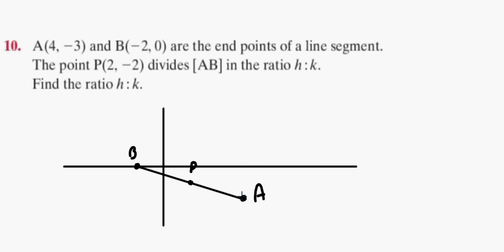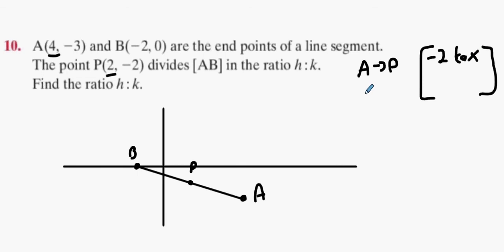Now, what I can do, however, is say, how do you get from 4 to 2? To go from A to P, I lost minus 2 to x, and then how much did I lose on the y? I actually gained, didn't I? I gained plus 1 to y. Now, to go from P to B, what did I gain and lose this time?